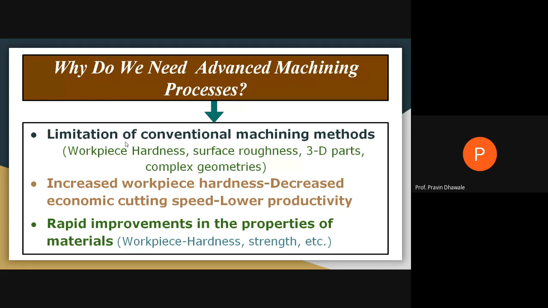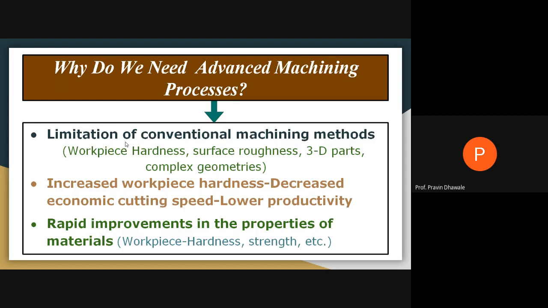If the economic cutting speed decreases, ultimately it will affect the production. So fewer components are produced, which is an indication of low productivity. Means if the workpiece has a very high hardness, it will consume more time for the machining and ultimately affect the production rate of that machining process.